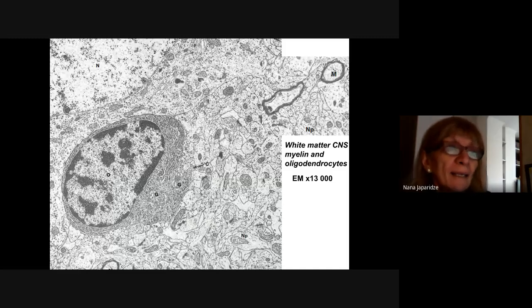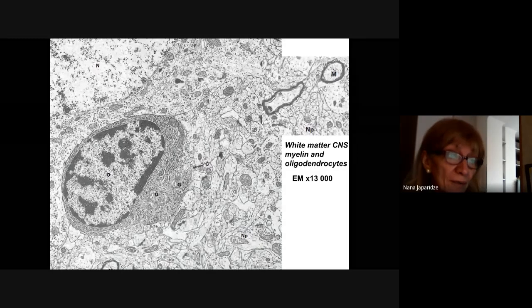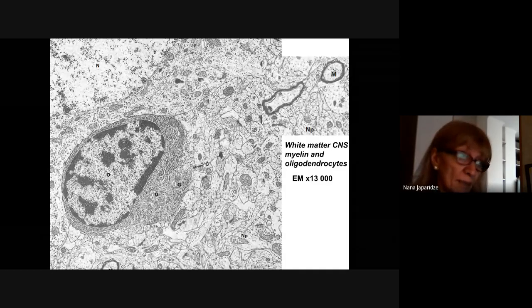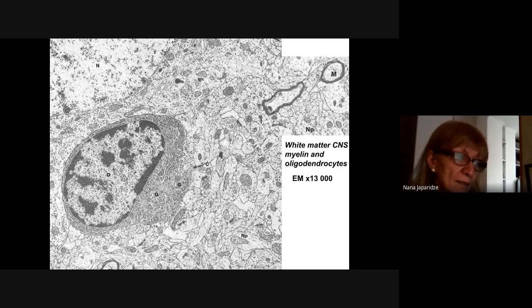And here you see myelinated axons, unmyelinated axons too, and a lot of synaptic connections. Synapse 1, synapse 2, synapse 3, 4 here, 5, 6, etc.